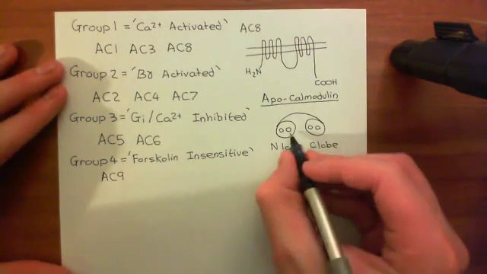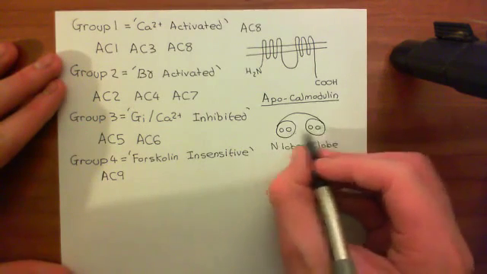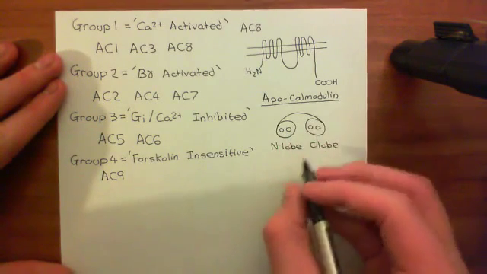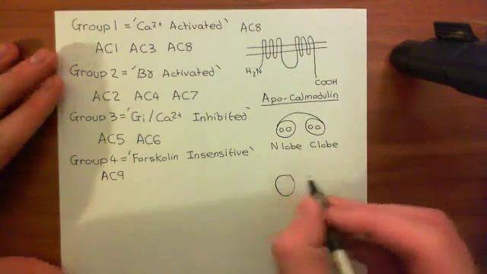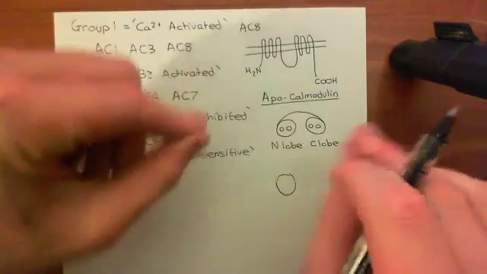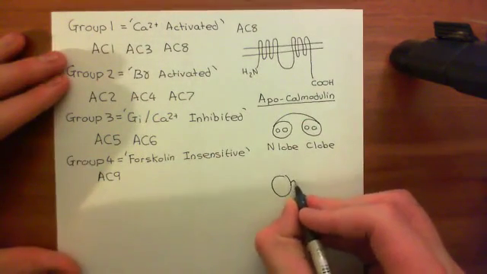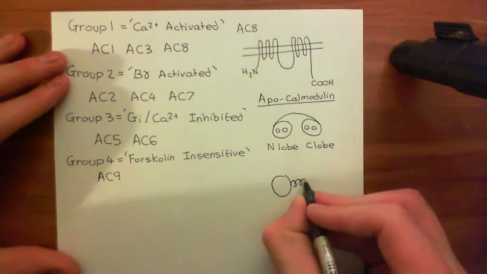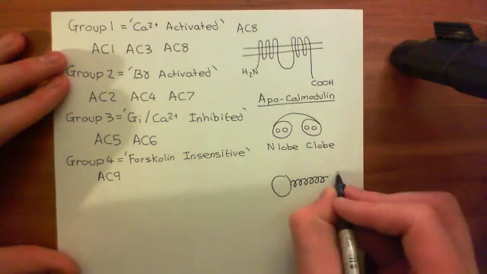Okay, what happens is when calcium binds to these 4 calcium binding sites on the apocalmodulin molecule, it causes a conformational change. And firstly, the two lobes sort of spring out. Okay, so they move further apart from one another. And then also the linker between the two lobes goes from being a linear polypeptide to being an alpha helix.